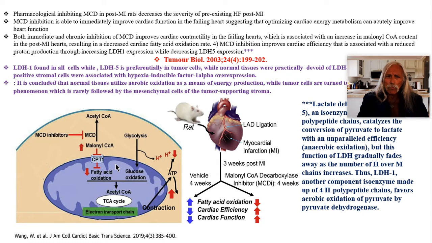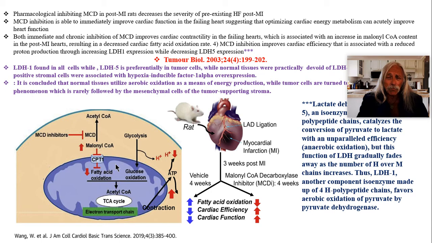So, both immediate and chronic inhibition of MCD improves cardiac contractility in the failing heart. That's associated with an increase in malonyl-CoA content in the post-MI heart, resulting in a decreased cardiac fatty acid oxidation rate. Okay? Now, I'll explain all that in a moment.